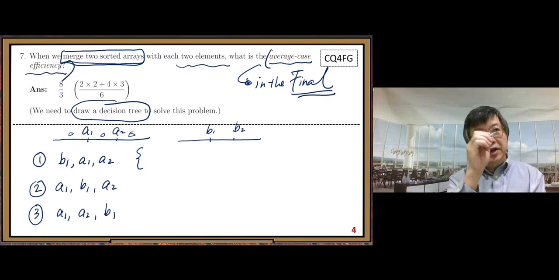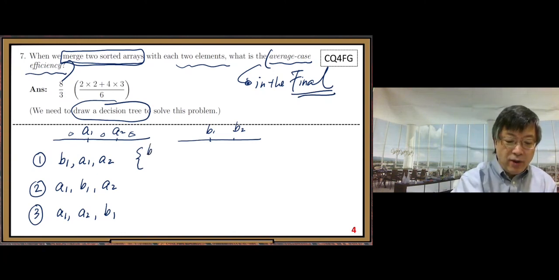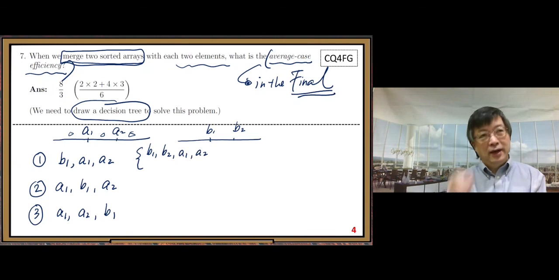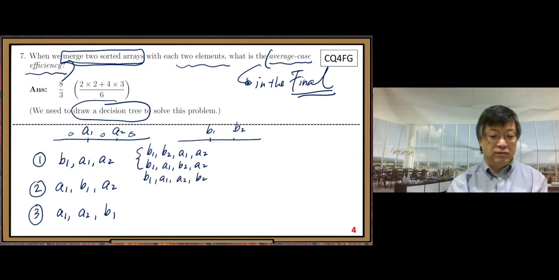Now, inside case one, what's the possible B2? B1, B2, A1, A2, right? Then another possible case is B1, A1, B2, A2. Another possible case, B1, A1, A2, B2.